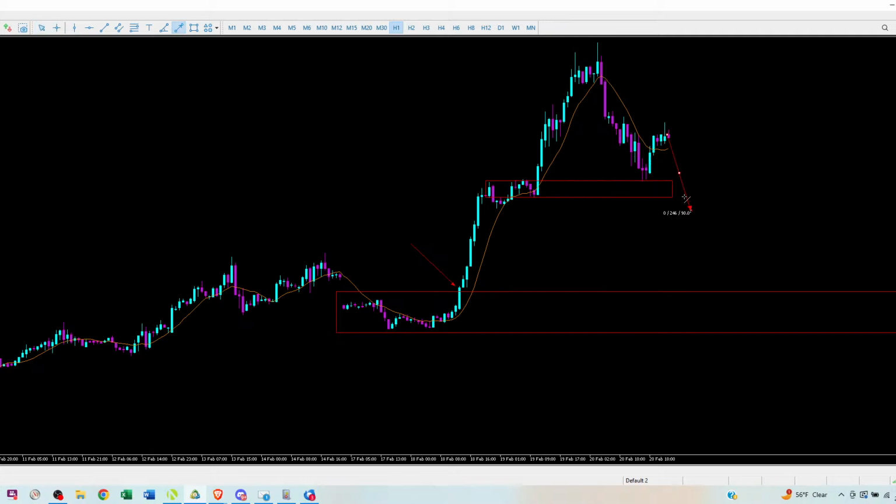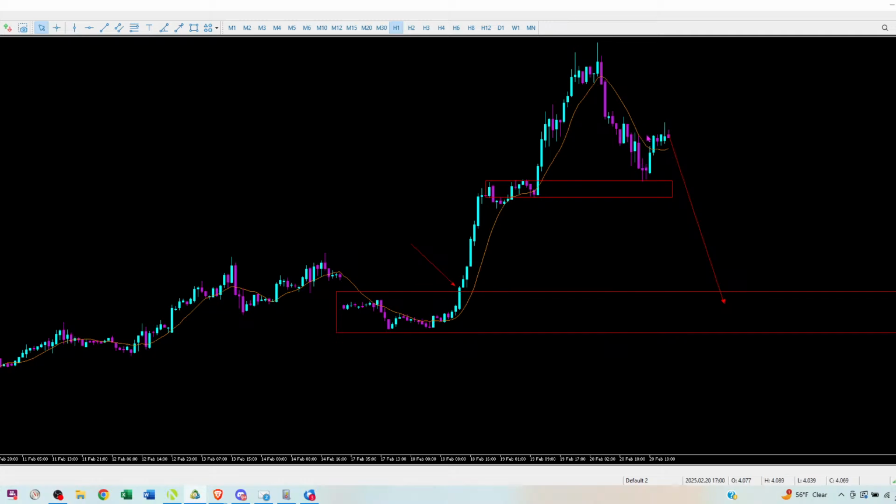If this does come down again, it's probably going to break right through this zone, okay, because it's already kind of tested it and bounced. If it comes down here again, I fully expect it'll just break right through here, and in which case this area down here, as I mentioned, would be kind of the next target, which is our 4-hour zone down here, at least to about this area.